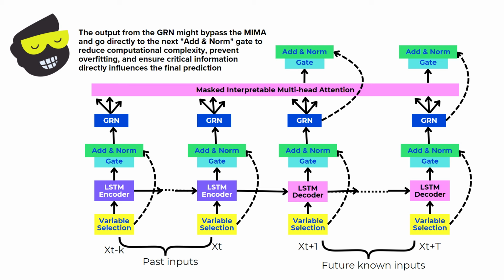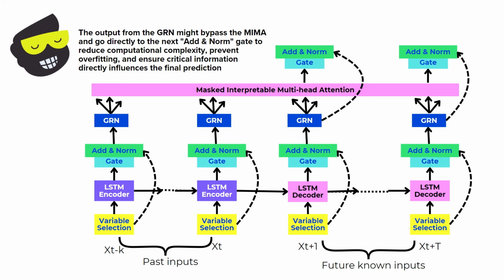Secondly, skipping the MIMA reduces computational complexity and speeds up the processing, which is beneficial for time-sensitive predictions. Lastly, bypassing the MIMA can prevent overfitting by avoiding excessive attention-based adjustments, thereby preserving the integrity of crucial features and ensuring they directly impact the final prediction.